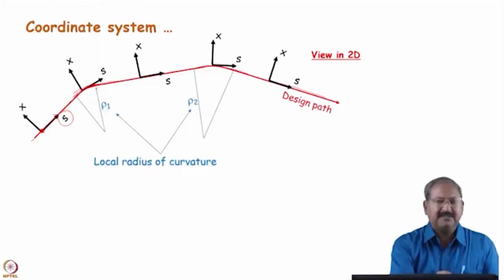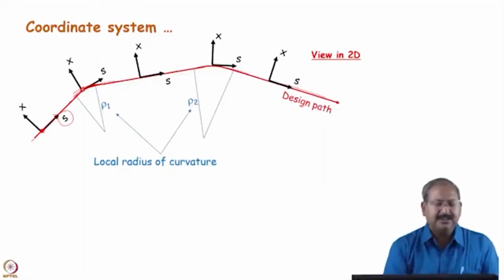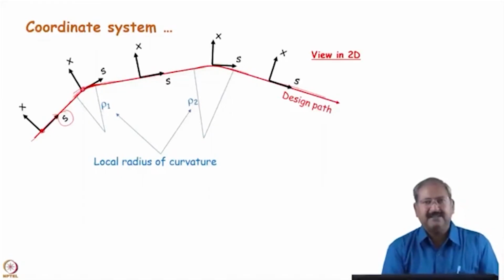So locally the coordinate system has some curvature. This is a curvilinear coordinate system, and because the origin is moving, it is a moving curvilinear coordinate system in which we develop the equation of motion.